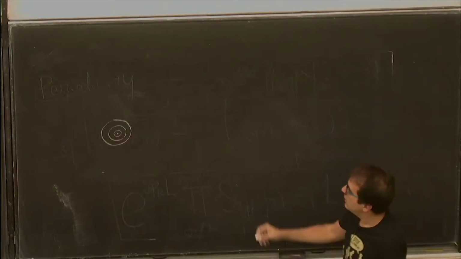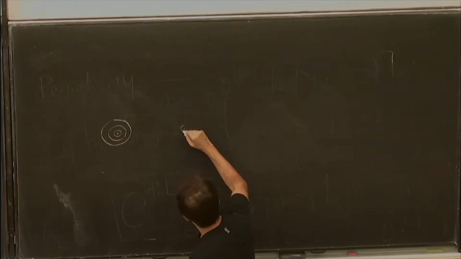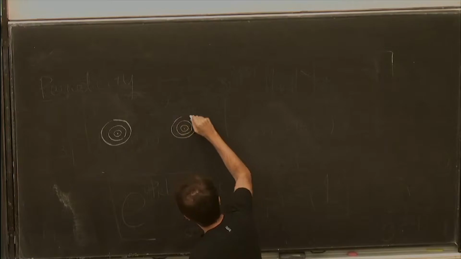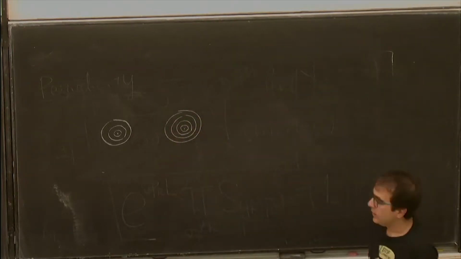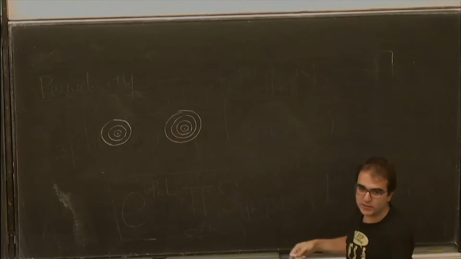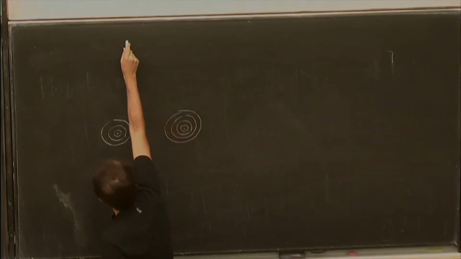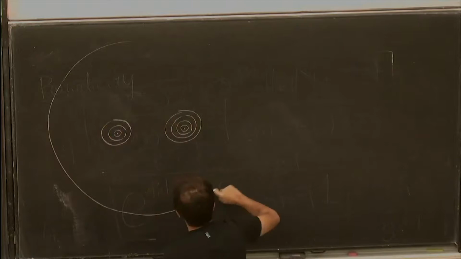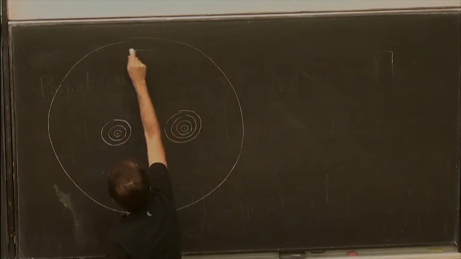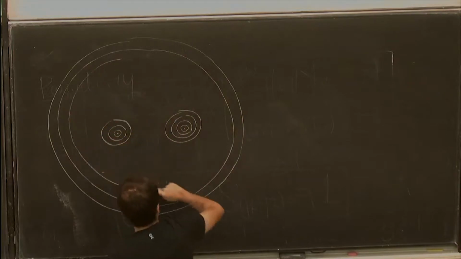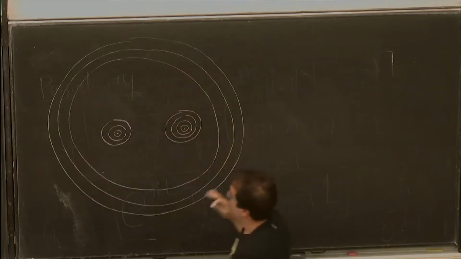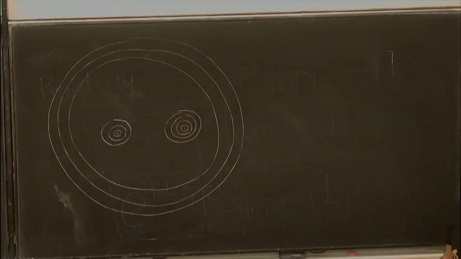Another string is coming from this point, and I start seeing the string growing. And the other one I could draw here, let me draw it at infinity. So the other string is coming from infinity, so there is a big circle. And then this string comes inside, and now it moves in rather than out. And this would be the picture.